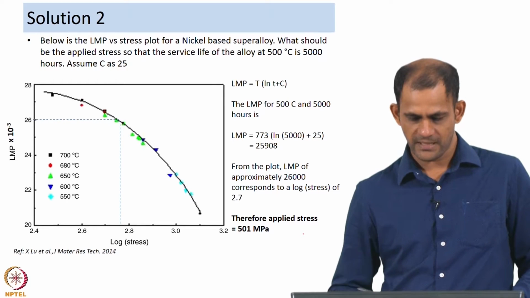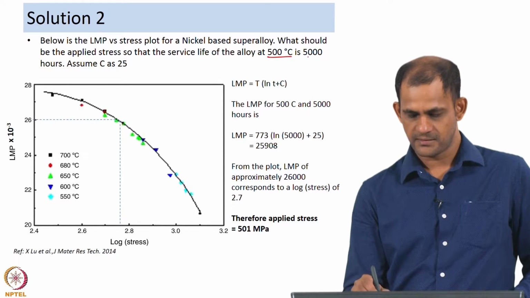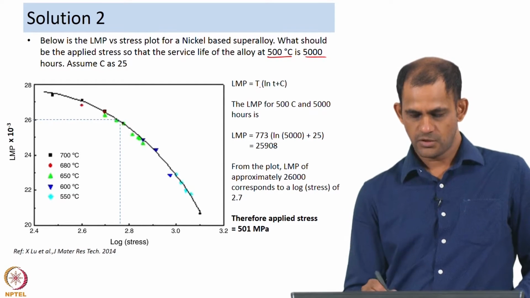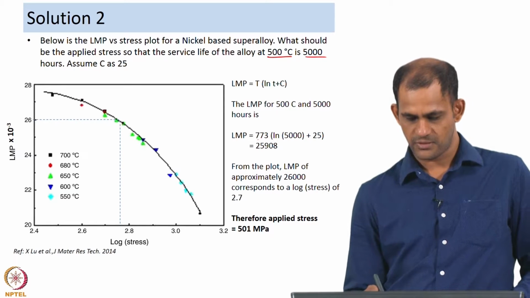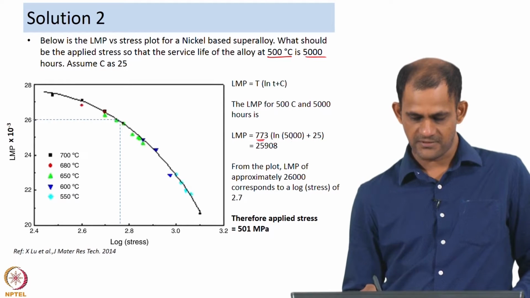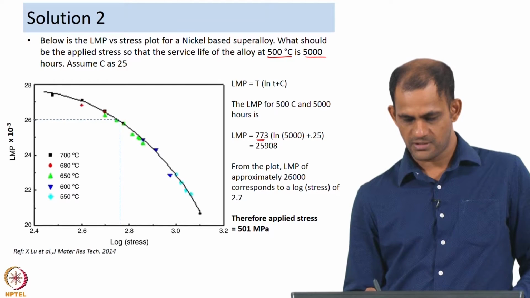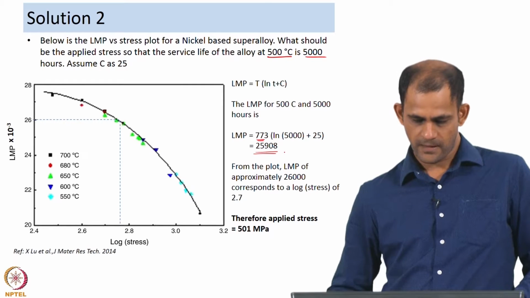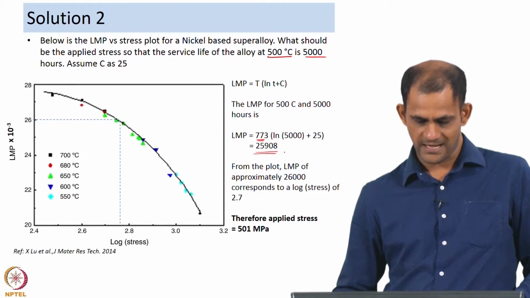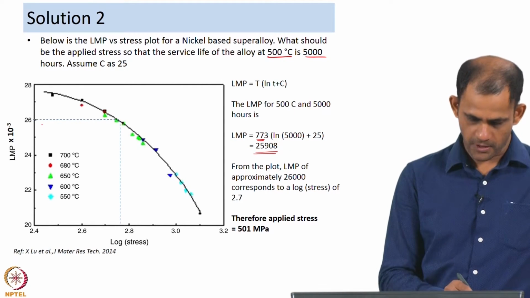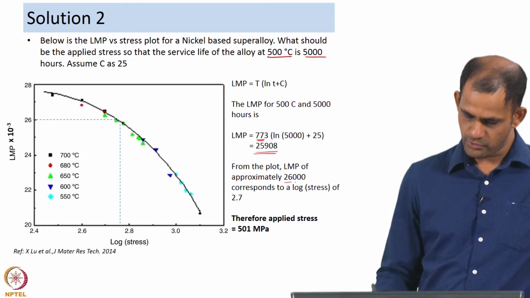So, first you determine the Larsen-Miller parameter for this temperature and time condition. So, T is 500 degrees centigrade. So, you convert it into Kelvin. So, it is 773 Kelvin, and then you have 5000 hours. So, ln of 5000 plus 25. So, that gives you LMP as 25,908. So, on this plot, it is more or less equal to 26,000.